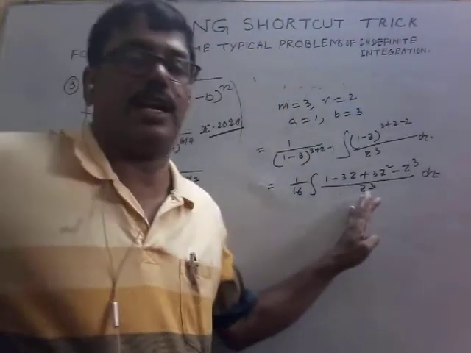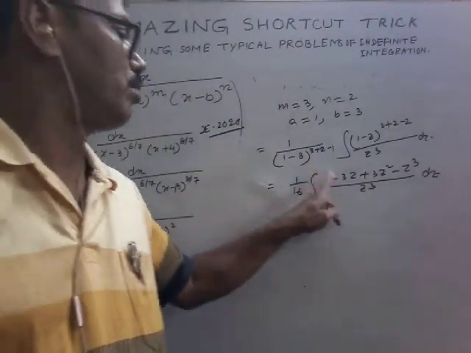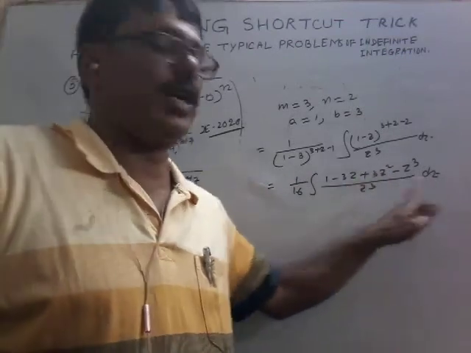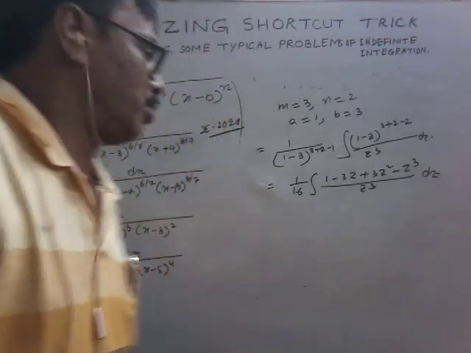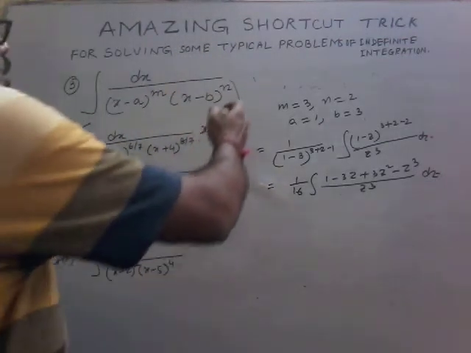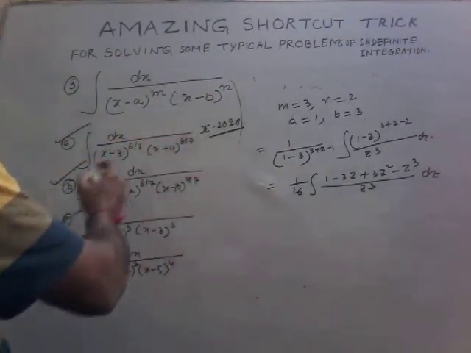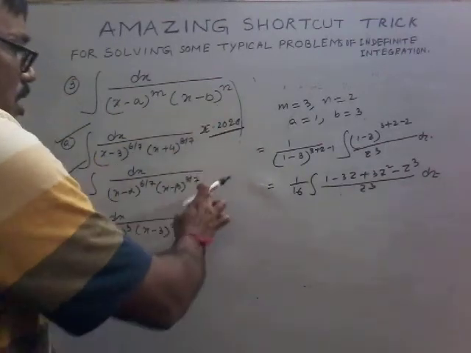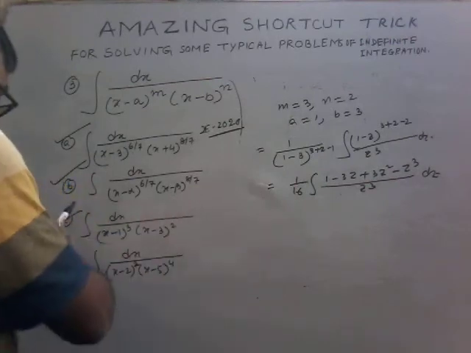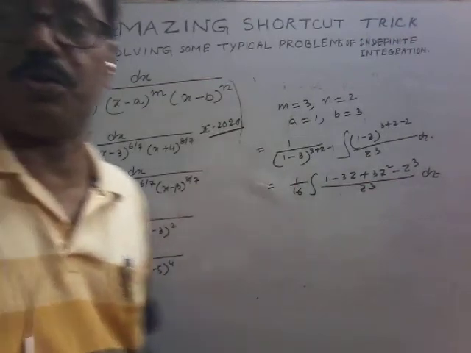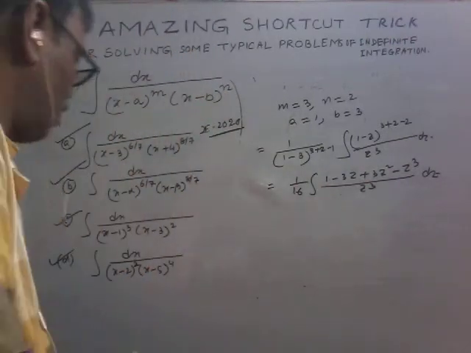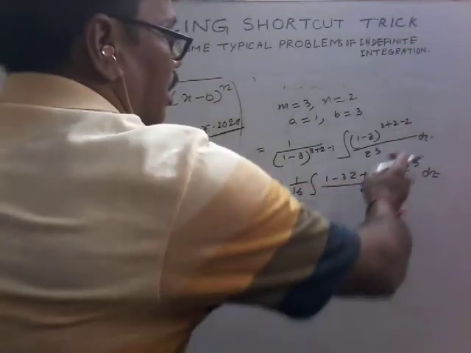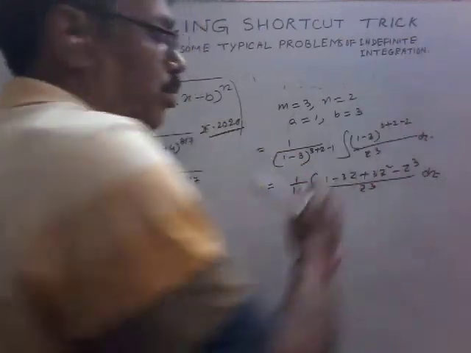We can integrate easily: z to the power minus 3, z to the power minus 2, 1 by z and this. So if you know the general result, then for this type of problem with m plus n equals 2, this is the simplest one. But if m plus n is not equal to 2, then you can also find the integration by expanding this one.